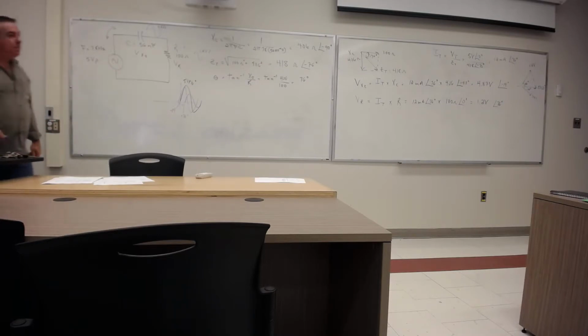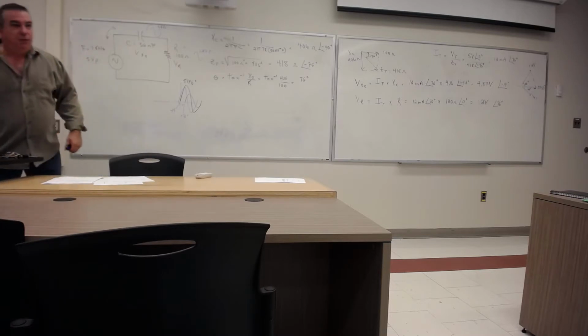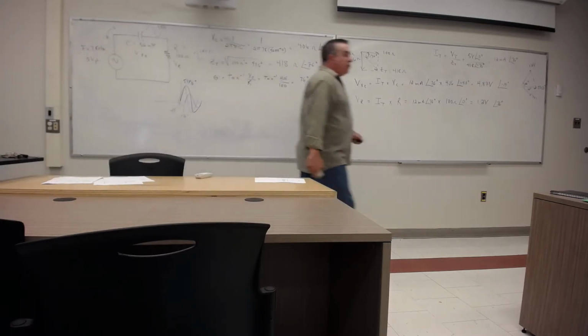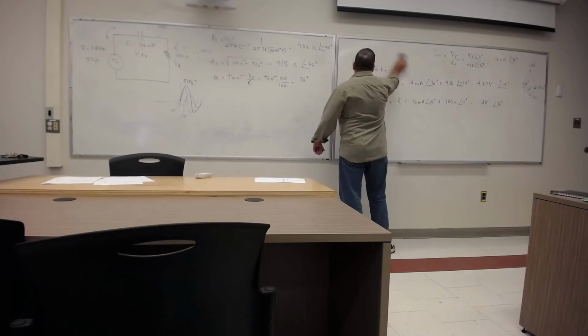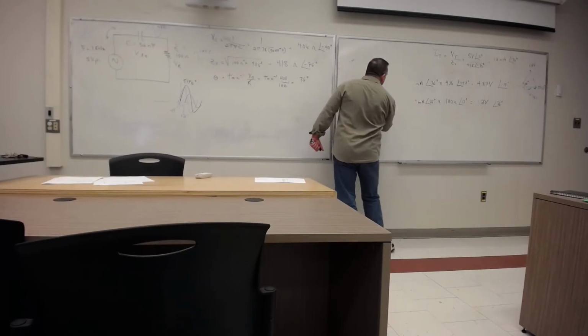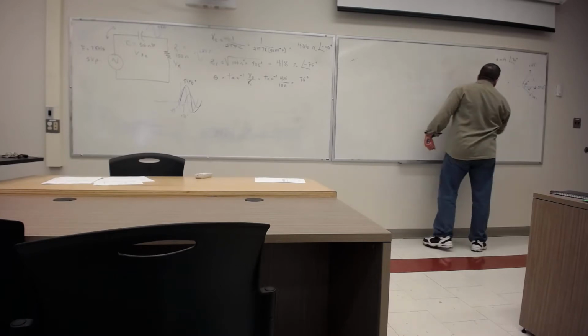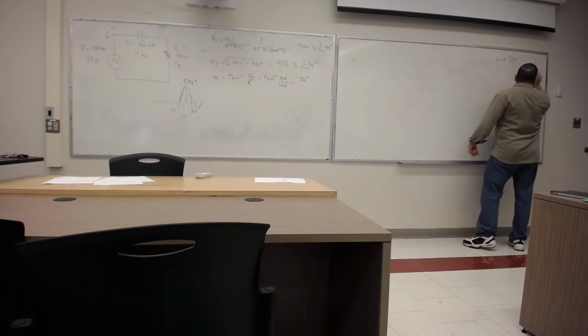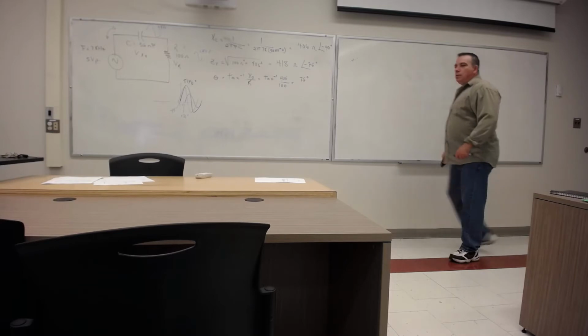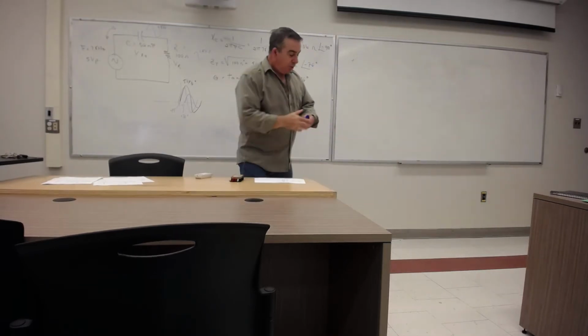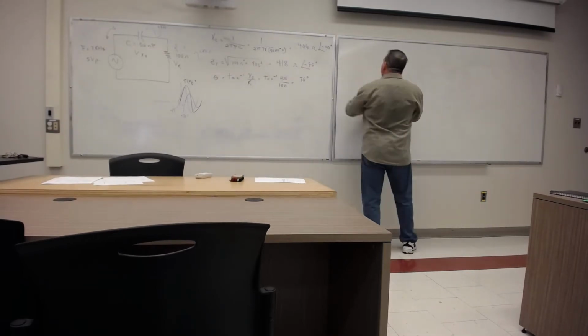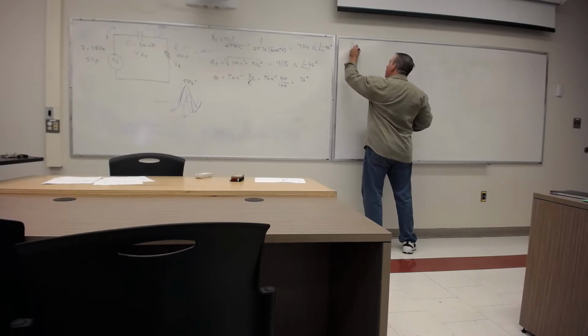All right? So the next thing we're going to do is figure out power in the circuit. So here's the deal. There are 3 types of power. Talk about that for a second. So there's real power, so we'll call it power real.